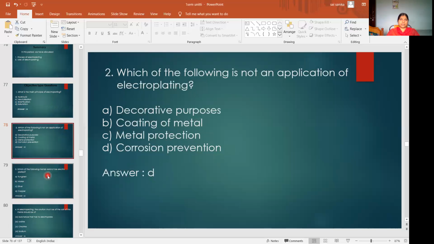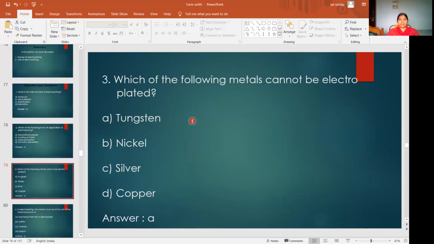Next, third question: which of the following metals cannot be electroplated? Some metals are given. All metals are not electroplated; only a few metals are electroplated. In the definition itself we studied that a less active metal is coated on a more active metal.